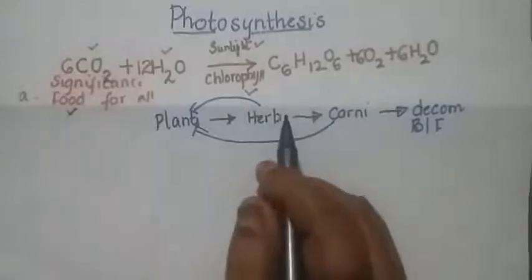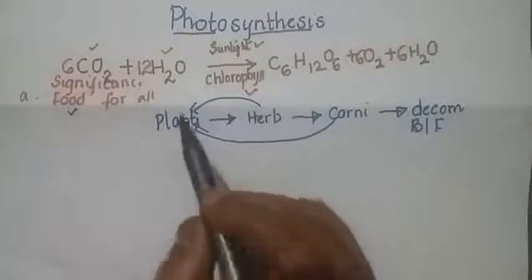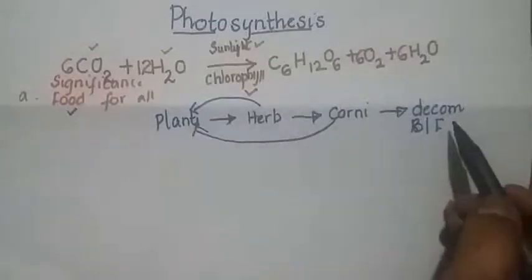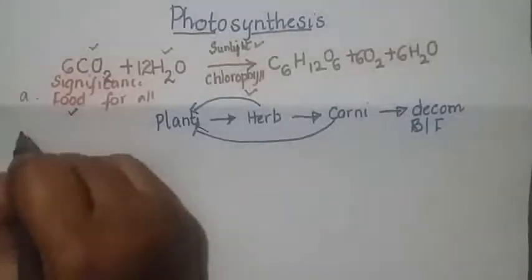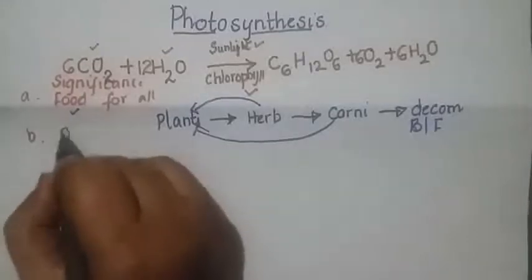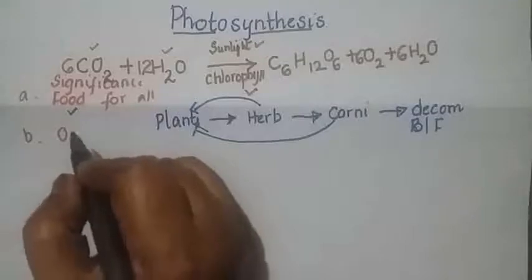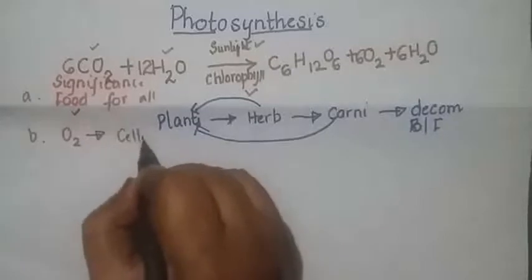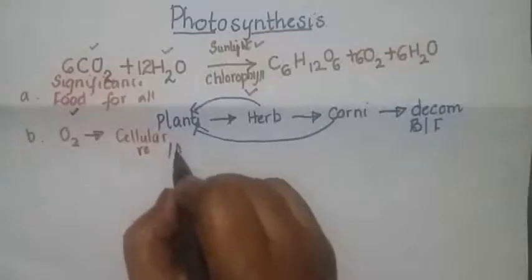So finally you can conclude that plants, being the autotrophs, provide food to the entire living world. Then along with the food, they also provide a respiratory gas, that is oxygen, which is required by all living organisms for cellular respiration to liberate energy in the form of ATP.